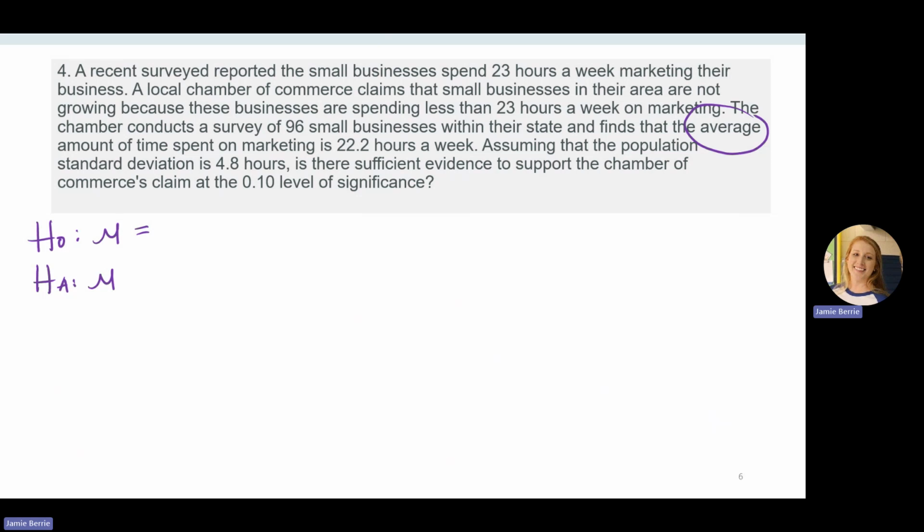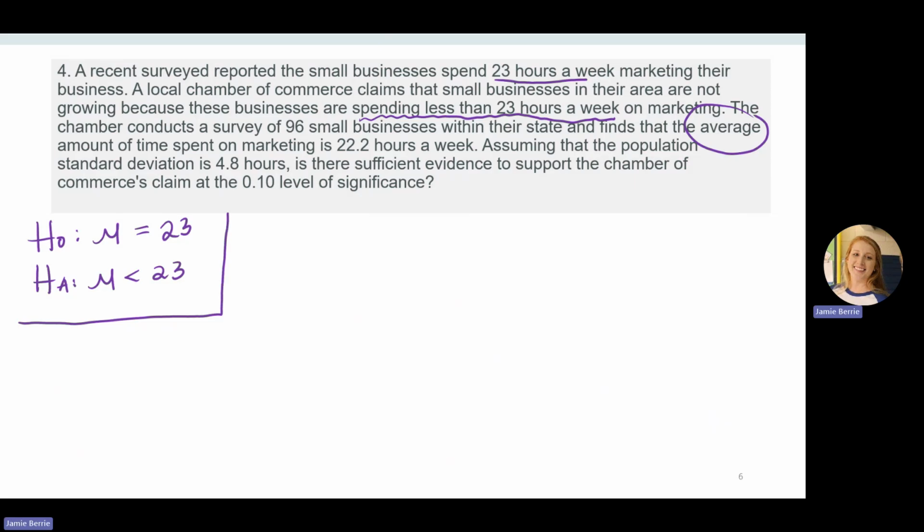I know that the null hypothesis gets the equal to. The value that's currently believed to be true is 23 hours a week. So they're saying that they believe that the average amount of time that they should spend on marketing is 23 hours a week. The local chamber of commerce believes that people in their area are spending less than 23 hours a week. So that's our alternative hypothesis.